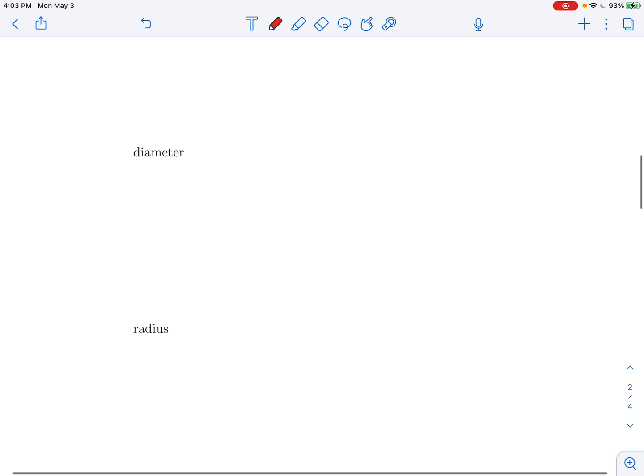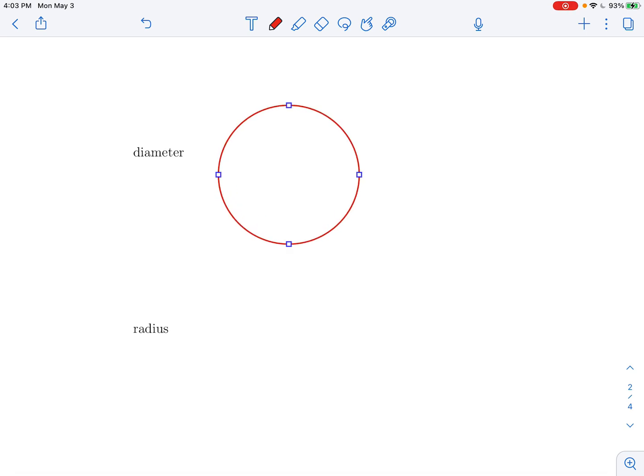A diameter is a very special kind of chord that goes through the center of the circle. So if this is the center of the circle and I have a segment like so, connecting 2 points on the circle and passing through the center, we call that a diameter.